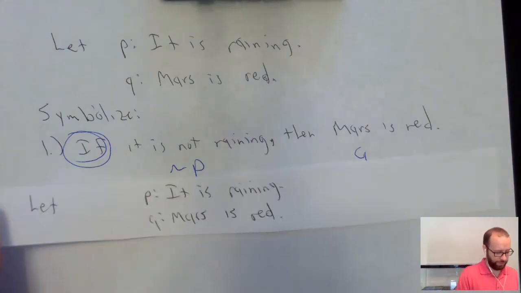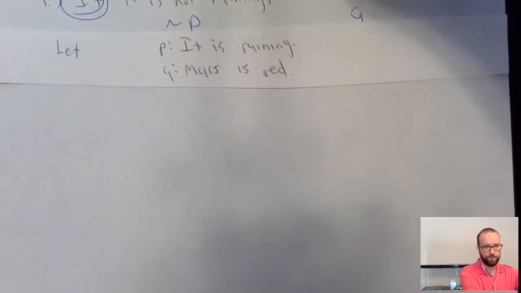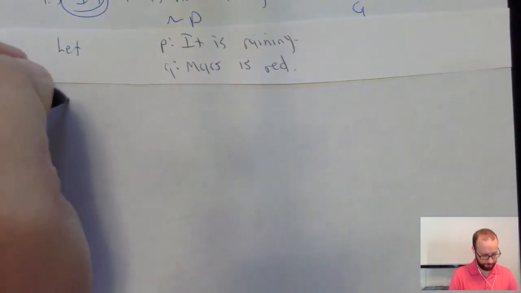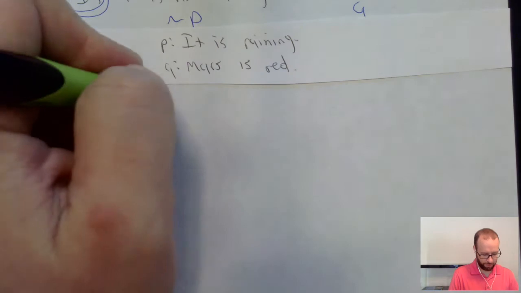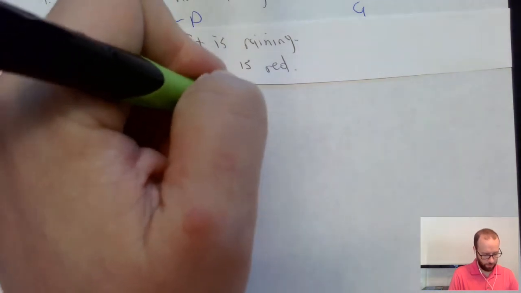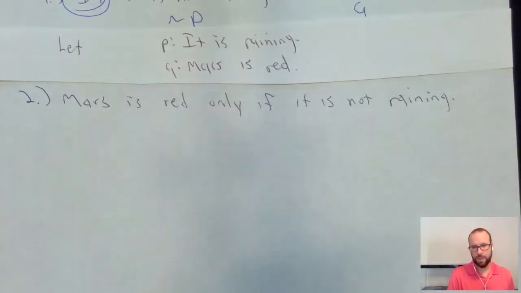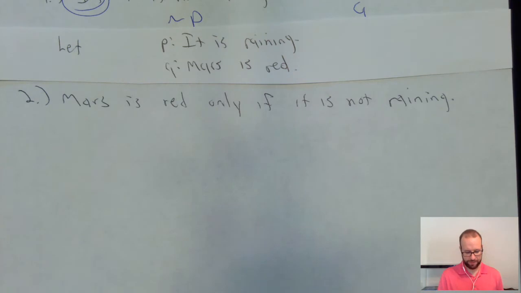Okay, let's do another one here. Let's symbolize: Mars is red only if it is not raining.